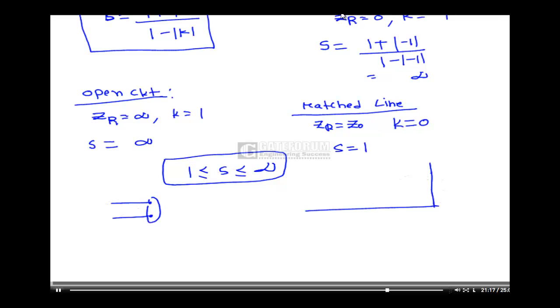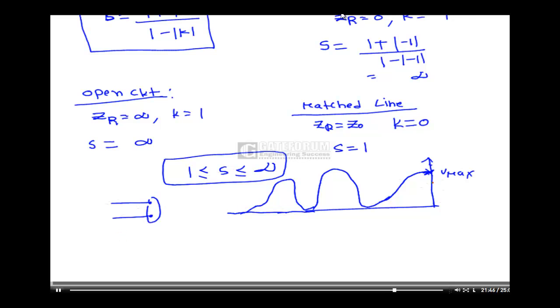It will be like this. This is a clear sinusoidal wave. This is for the open circuit case.